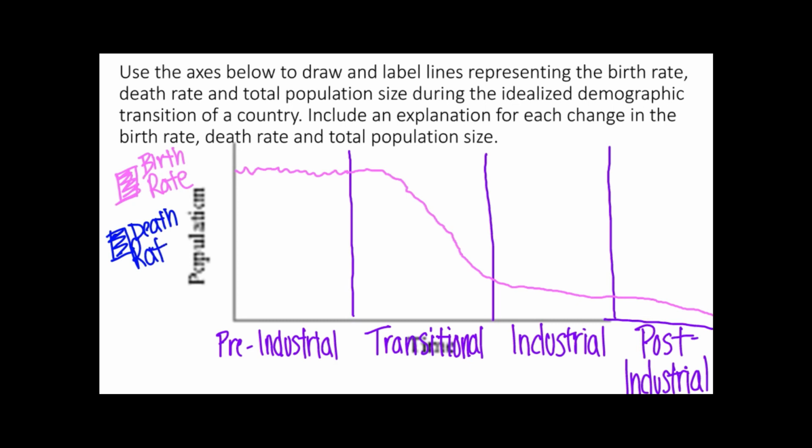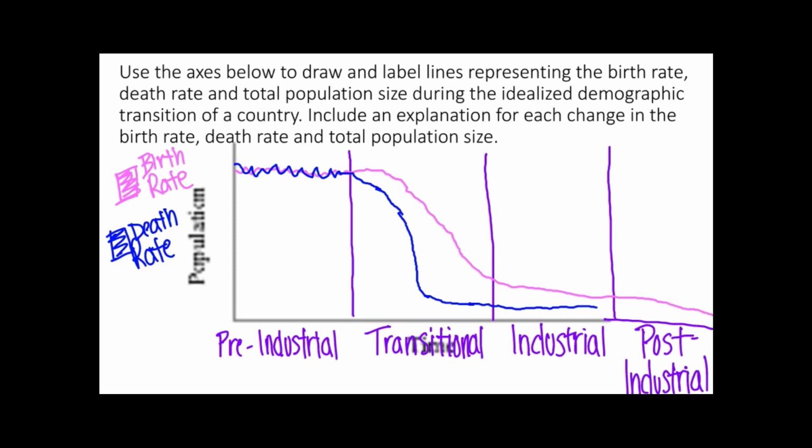We'll make that blue. And in this pre-industrial, these are kind of going back and forth, right? The death rate tends to sink first because in this transitional, we're getting improved healthcare, medicine, and all that. And the birth rate tends to stay higher because of that population momentum kind of deal.